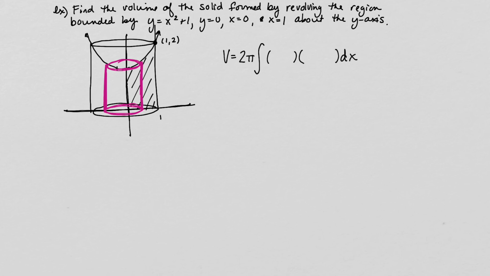The height is sitting on that equation, x squared plus 1, and the radius is just along the x-axis, so it's just x.